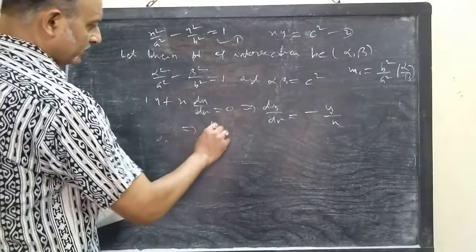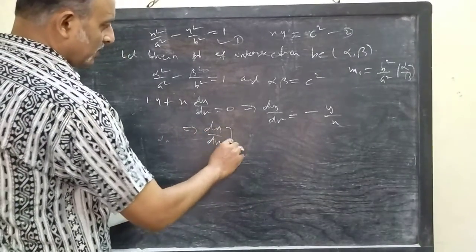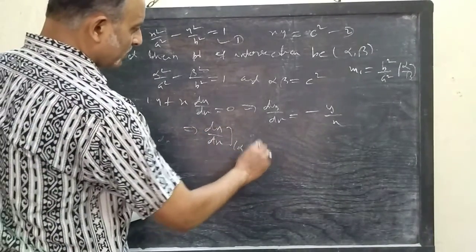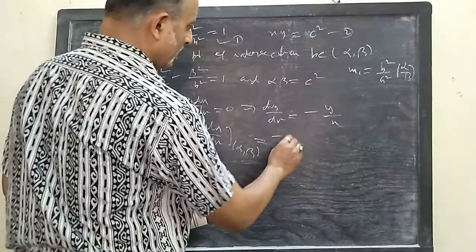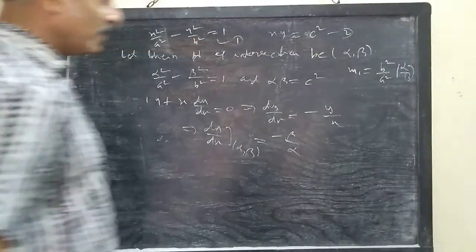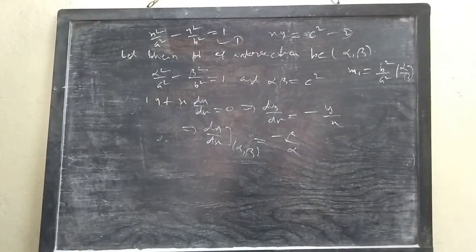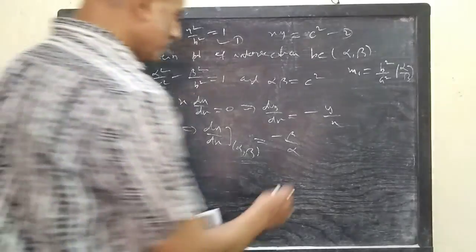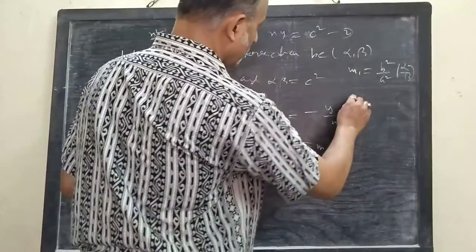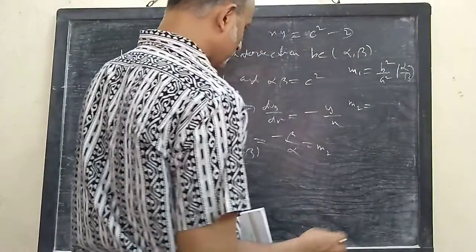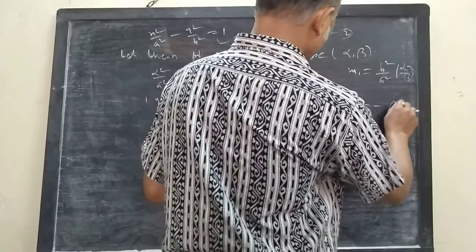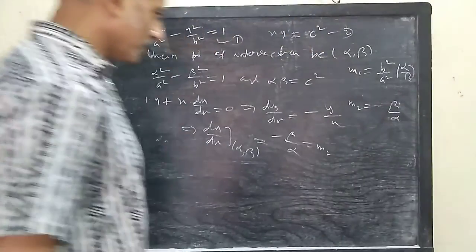Therefore, dy dx at the point of intersection alpha beta will be minus beta by alpha. If we consider it as m2, then m2 equals minus beta by alpha.